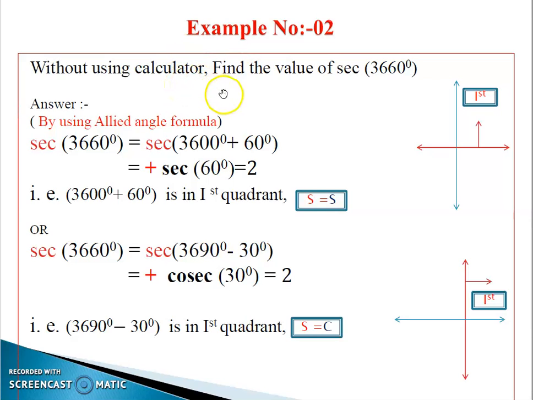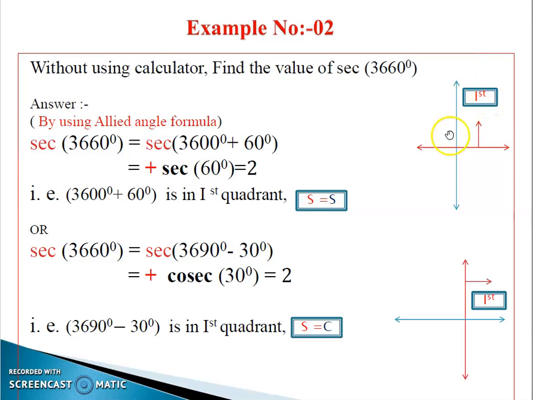Without using calculator, find the value of sec 3660 degree. Here sec of 3660 degree can be written as sec of 3600 plus 60 degree. That means we check this 3600, which is on the x-axis, and 3600 plus theta means which is present in first quadrant.